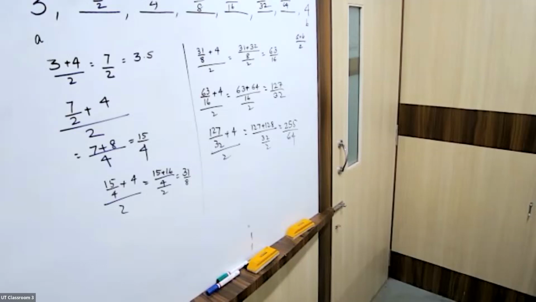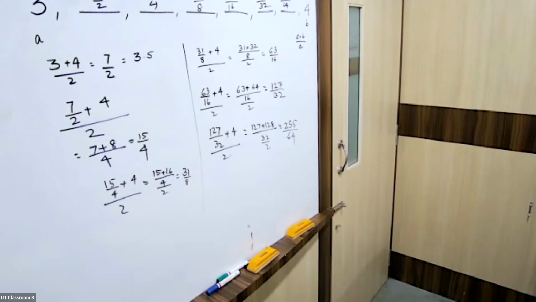3 will be somewhere here. See now, 3 actually would have been here, 4 would have been here. So this is coming somewhere in between 3 and 4. I'll just explain to you.